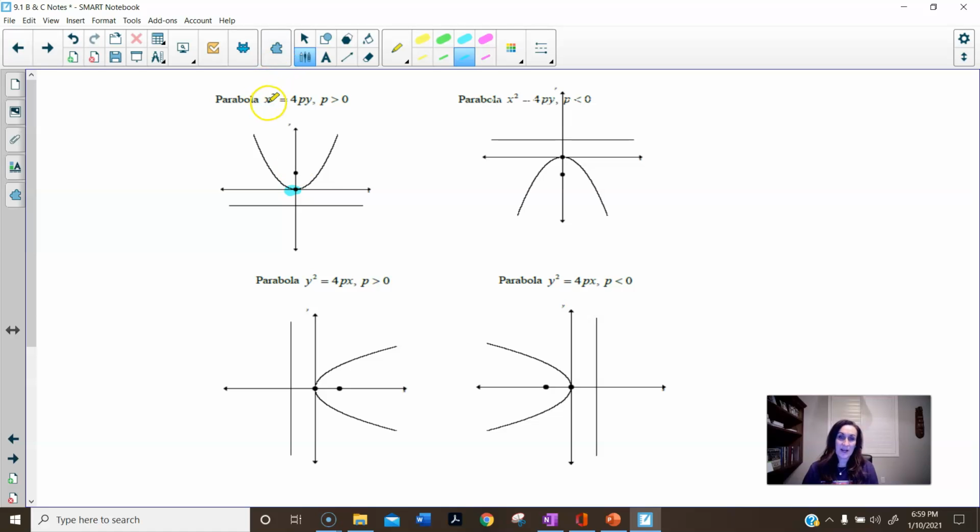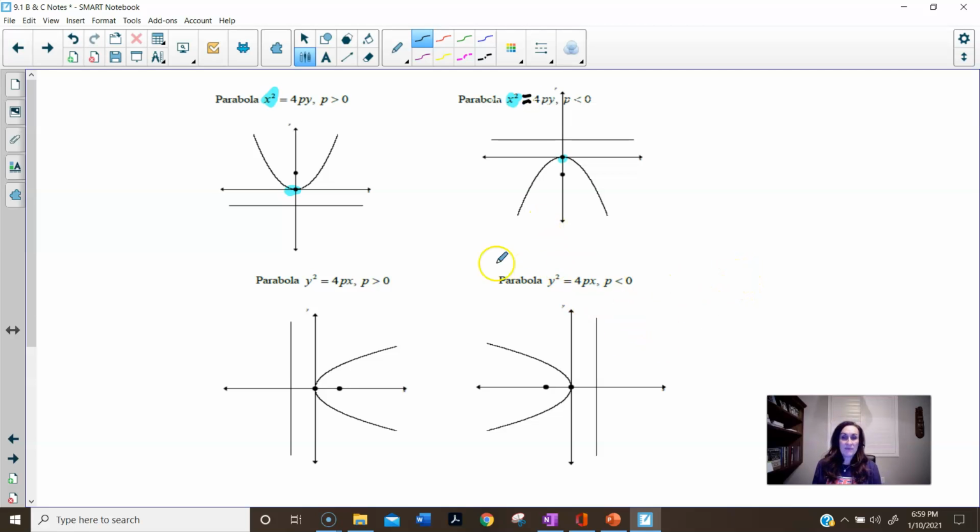So looking here, if you have x squared, the parabola is going to open up or the parabola is going to open down. And this is a little bit blurry, so let me fix this. This should be equals right here. So this should be x squared equals 4py.